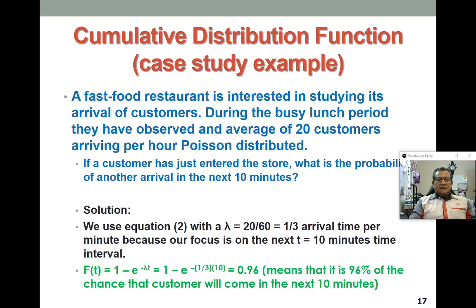For example, at a fast food restaurant like McDonald's, we would know that their peak customer arrival busy time is normally between 11:45 until 2 o'clock, which is lunch time. During the high customer load, the arrivals are very high.